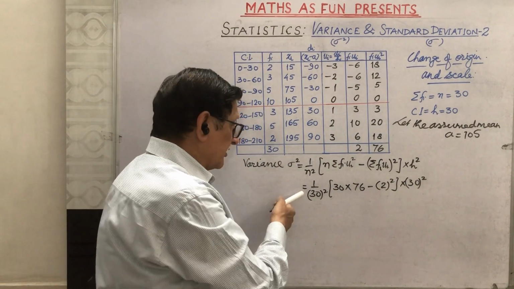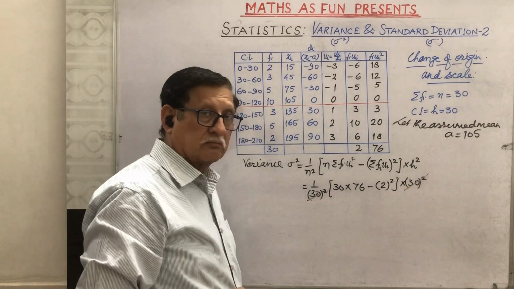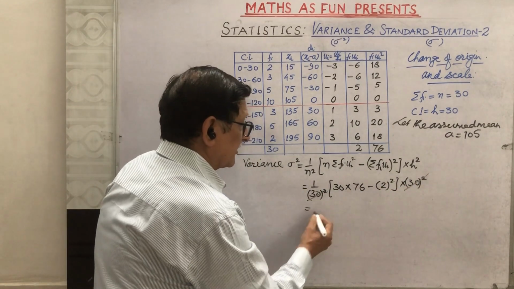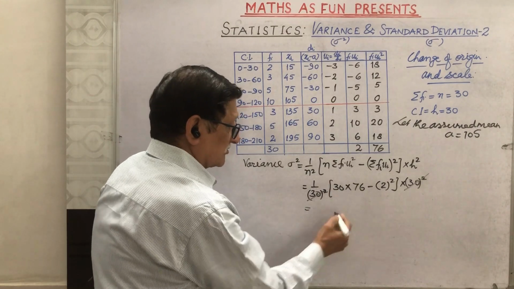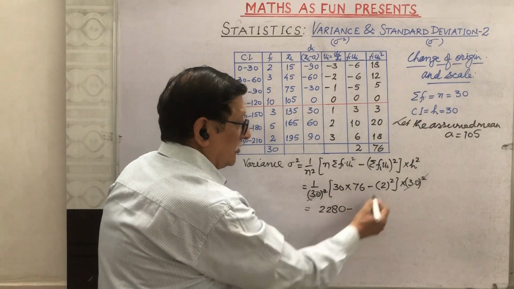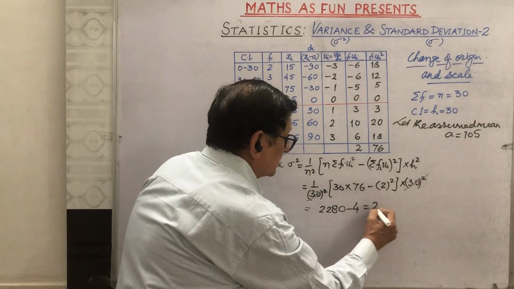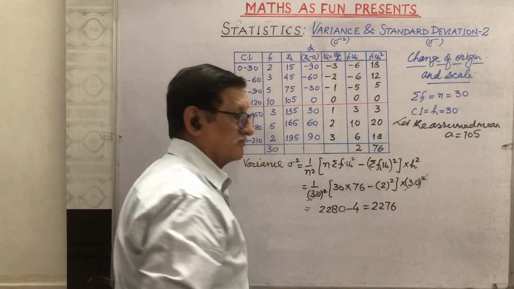While simplifying it here, this 30 square and 30 square cancel. And then on simplification we get here 30 into 76, this is 2280, minus square of 2 is 4. It comes as 2276.